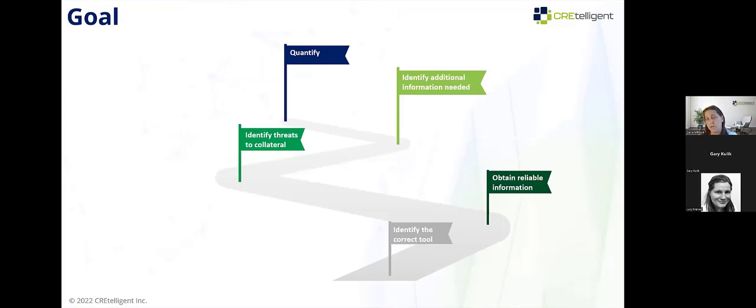So if we think about the steps and the journey that you go on, you want to identify your correct tool. And that tool is going to be dependent upon what your policy requires. So if we harken back to our previous presentation two weeks ago, what did you build into your policy matrix? Where is your risk tolerance? What is important to you for evaluating risk? So once you've established your matrix and you identify that correct tool, you want to obtain reliable information.